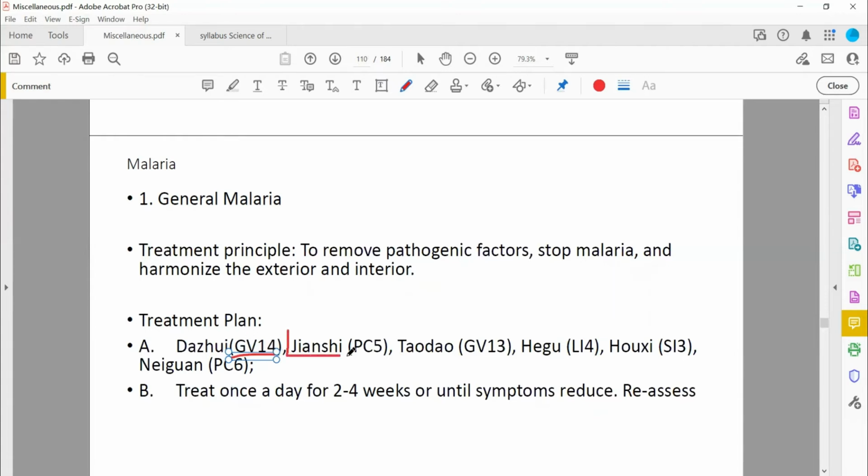And then these two, we'll see, those are the empirical points for the malaria. Okay. Empirical points for the malaria. This one, why use it?